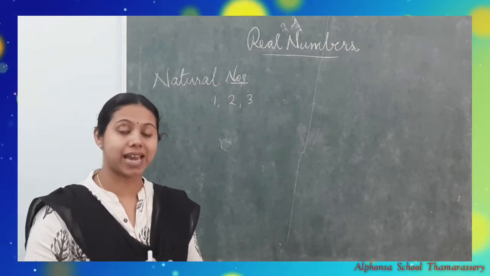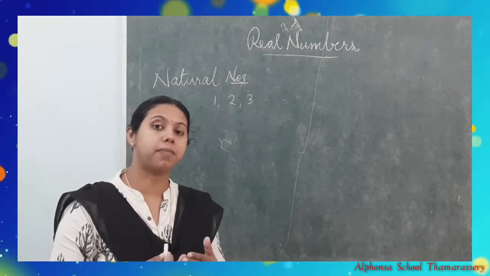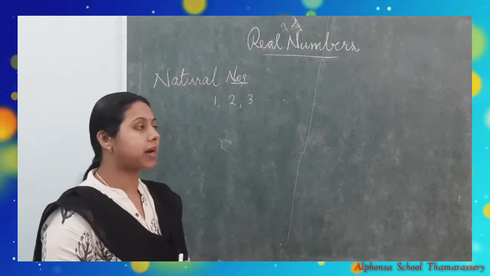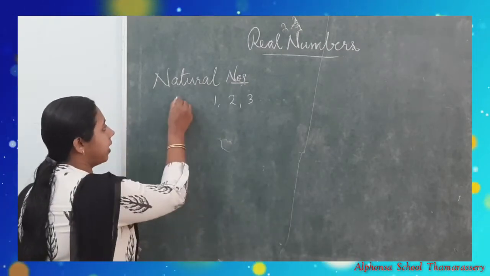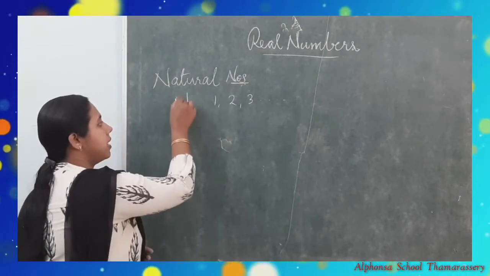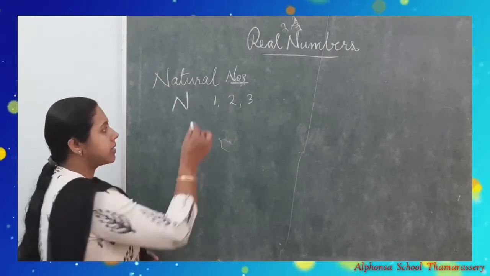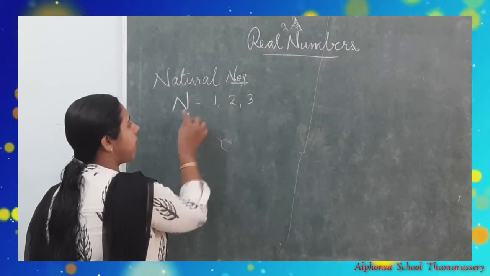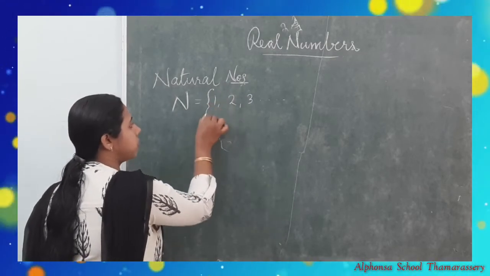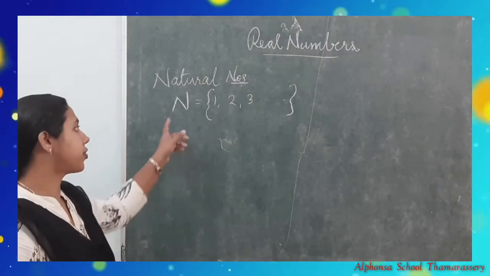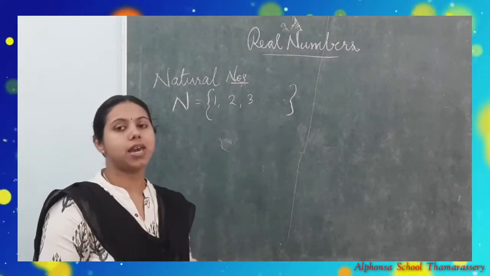It continues endlessly, so there are infinitely many numbers in that set. Natural numbers are represented by the capital letter N. The set of natural numbers is written as N is equal to 1, 2, 3, etc.